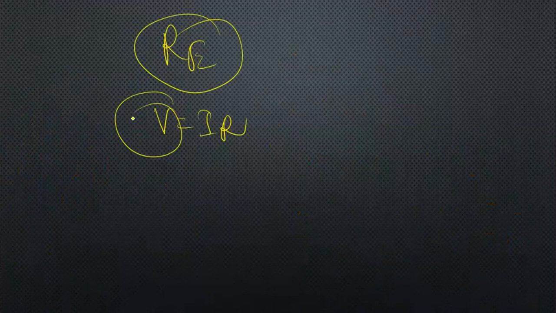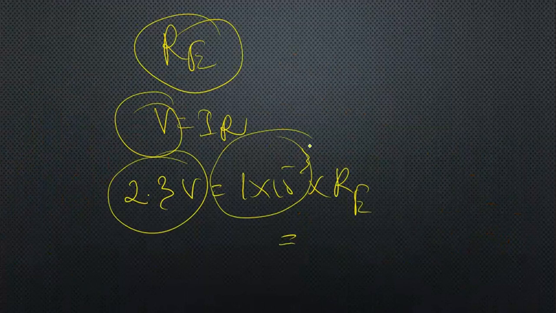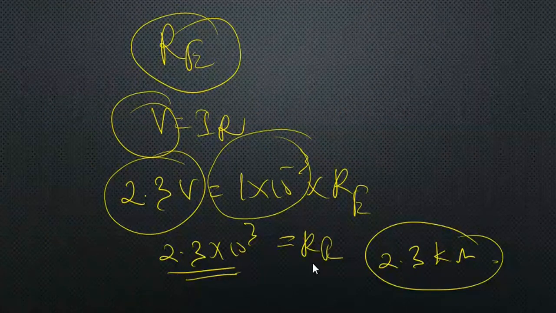We apply V equals IR for this resistor. We know it's 2.3 volt, and I is given as 1 milliampere, that is 1 into 10 to the power minus 3, times RE. From this calculation we get RE equals 2.3 kilo ohms.